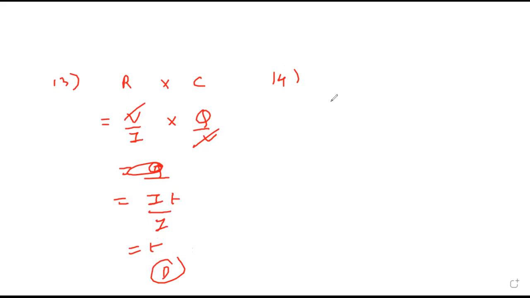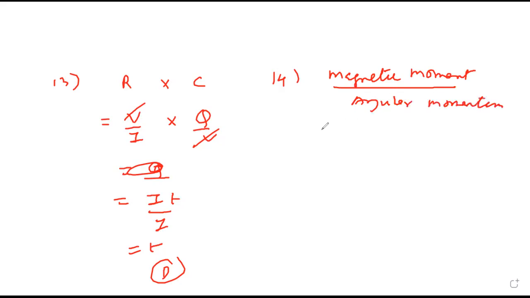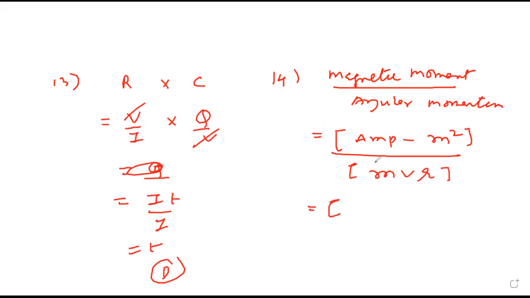14th one. Dimension of magnetic moment and angular momentum. Magnetic moment, I have told you its unit is ampere meter square. Angular momentum formula I told is mvr. So from this, A1, meter square means L2.